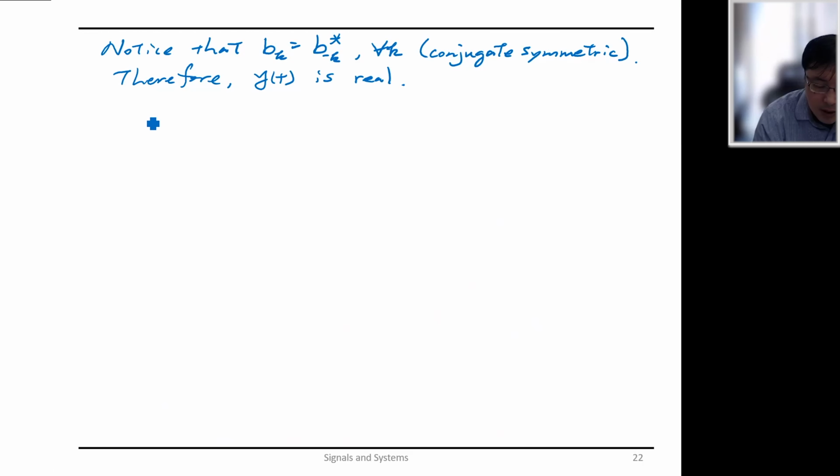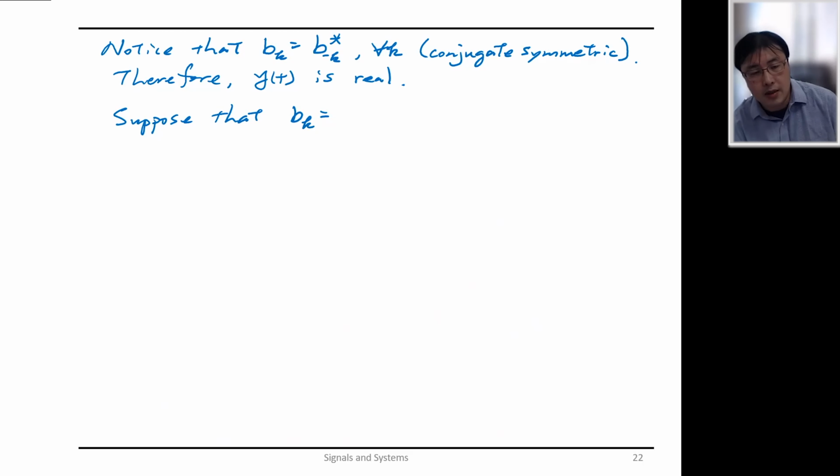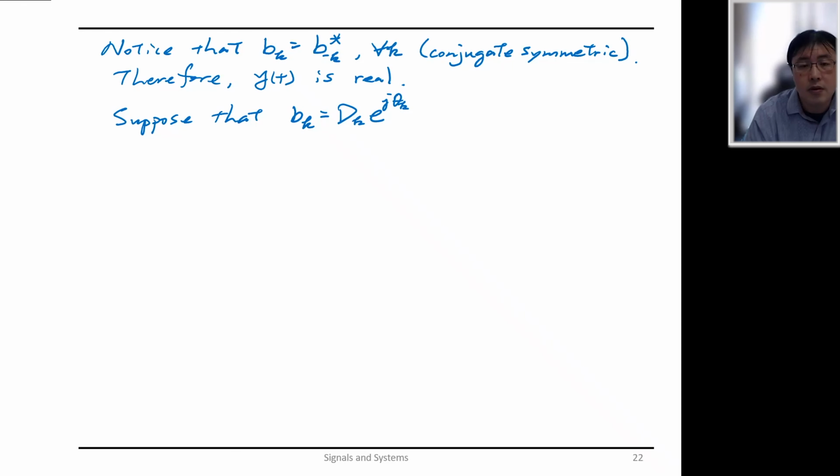So if b_k is complex, there are two ways to represent it. We can either represent it in terms of its magnitude and phase, or we can represent it in terms of its real part and imaginary part.